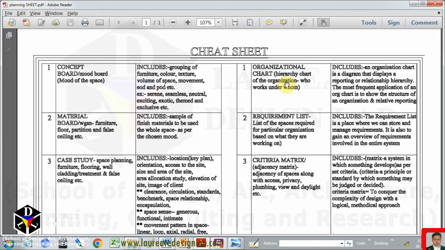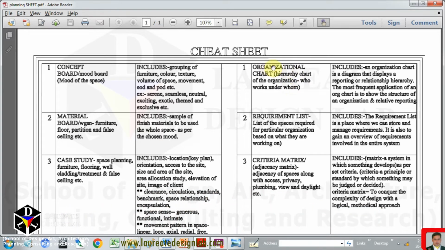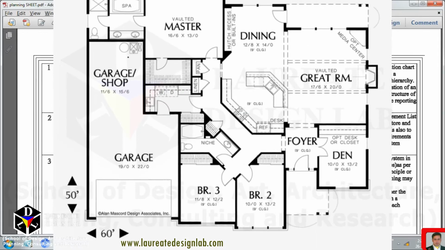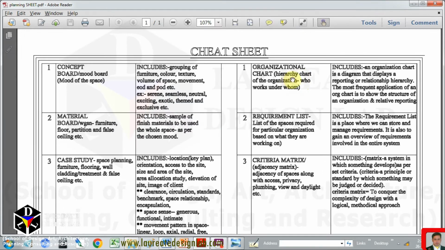Maybe a son could be the head of the family rather than the grandpa or the father. So that is a different case. When I am talking about an organizational chart, I am talking in terms of design companies, organizations. To design an office or even your residence, you need to have a chart. So what is that? Actually, that is a hierarchy chart of the organization, who works under whom.